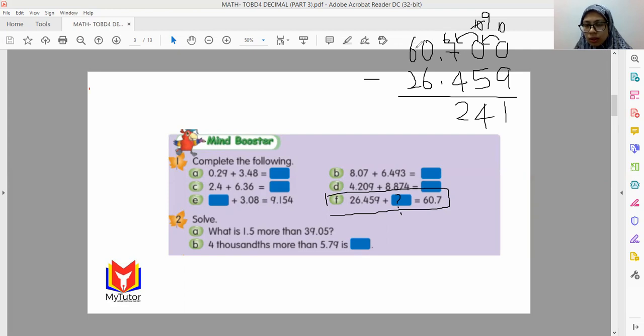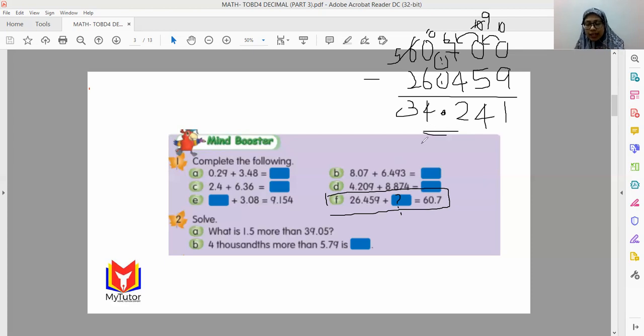Borrow from 6. So 6 becomes 5, this becomes 10. 10 minus 6 is 4. 5 minus 2 is 3. And then do not forget the decimal point here. So 34.241 is the answer.